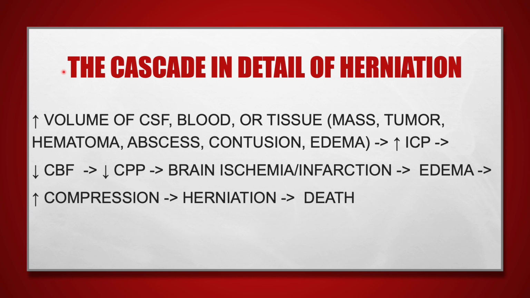All of this is going to lead to increased intracranial pressure. And when you get that, you're going to get decreased cerebral blood flow. And then you get decreased cerebral perfusion, all right? And then that brain is lacking that oxygen. It's going to get ischemic, and it's eventually going to die.